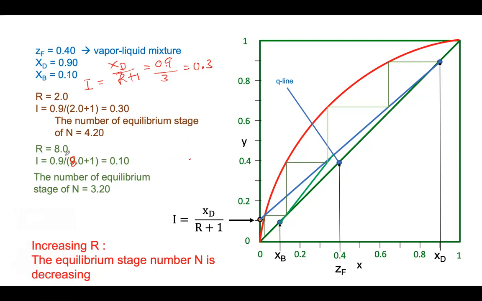If you have 0.1 and put it here and calculate it, the stages become 1, 2, 3 point something.